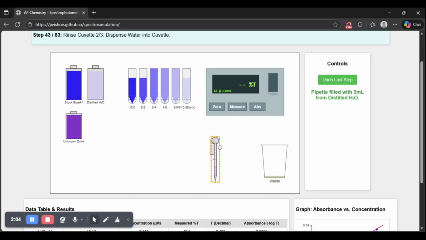Repeat that process. Measure. Rinse. Dump. Then rinse.